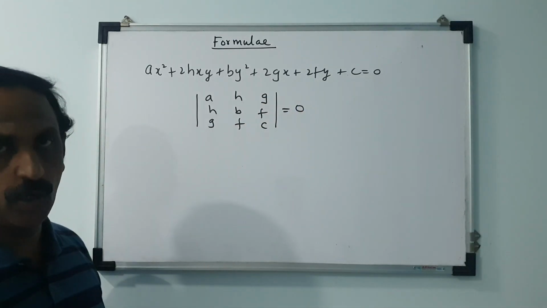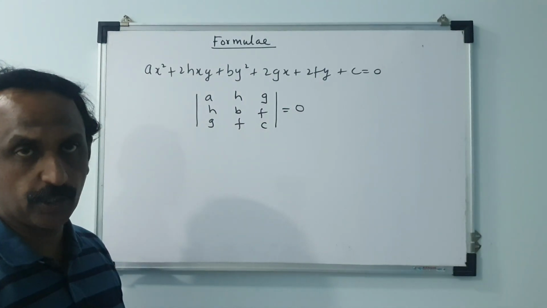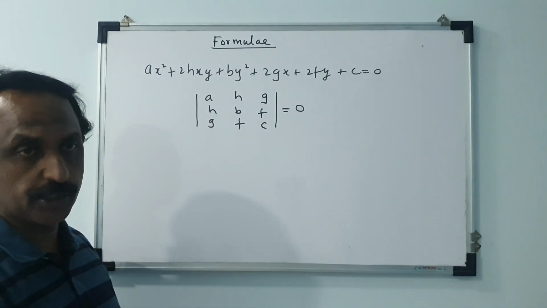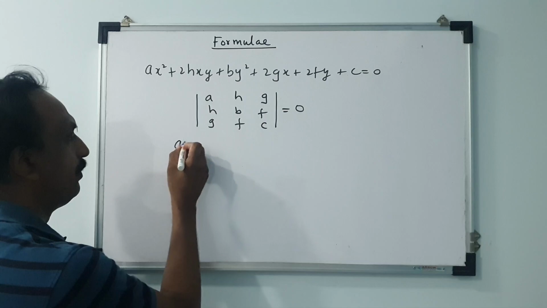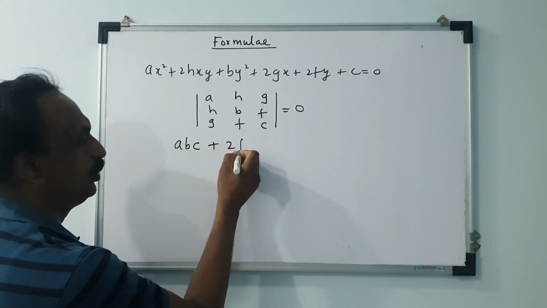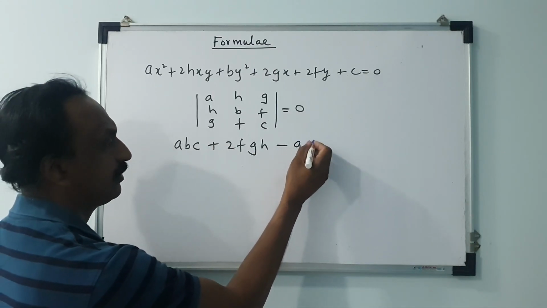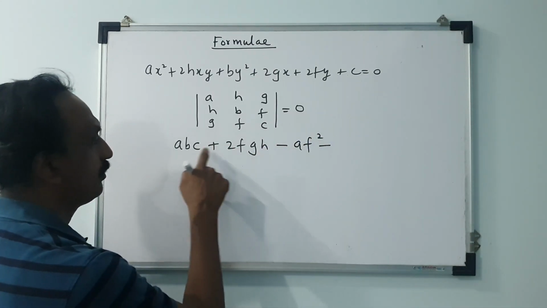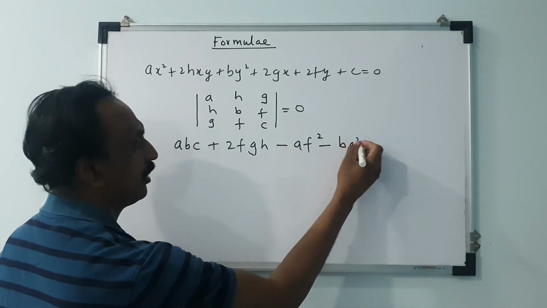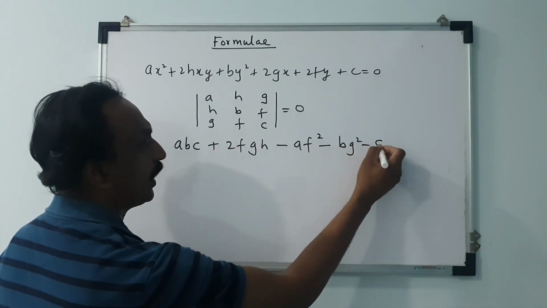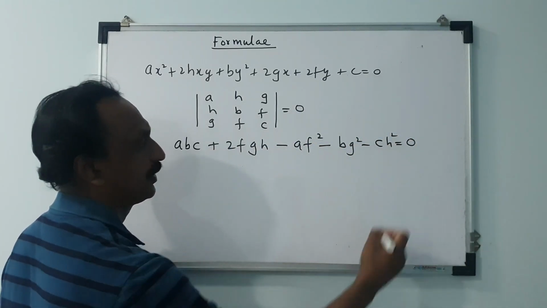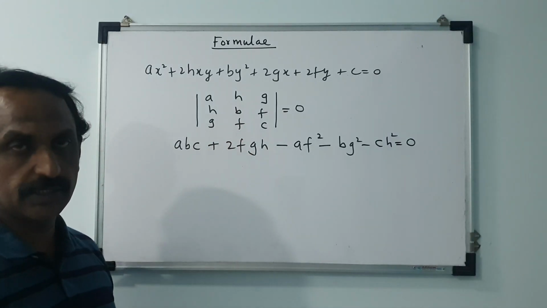This is the condition for this equation to represent a pair of lines. If you want to write the expansion of this directly: ABC plus 2FGH minus AF square minus BG square minus CH square equal to 0. Either use this or use this.